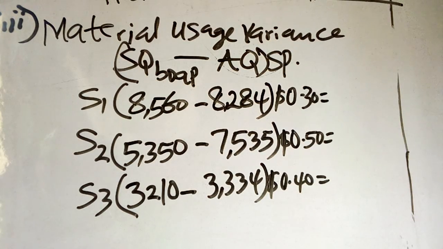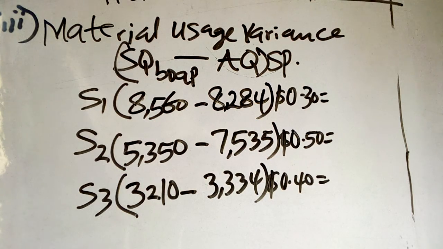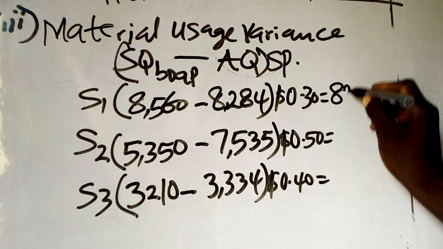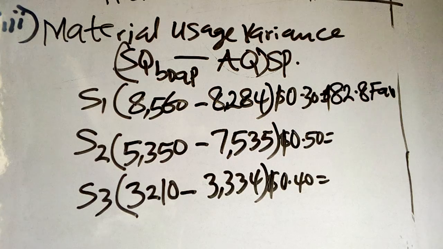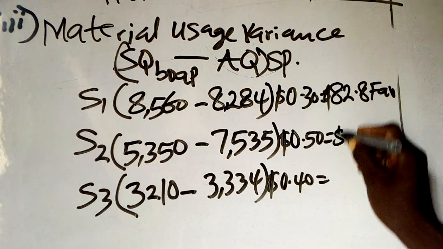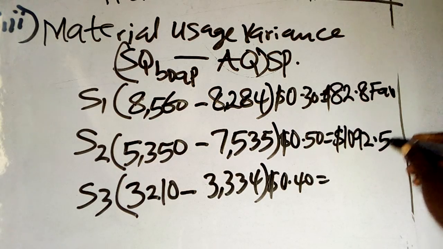So, material usage variance. 8,560 minus 8,284 multiplied by 0.30 gives us 82.8 favorable. 5,350 minus 7,535 multiplied by 0.50 gives 1,092.5 adverse.